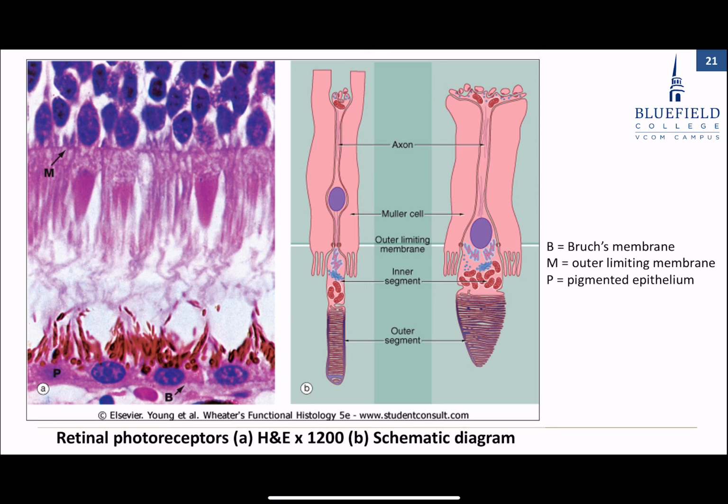In low light, you use your rods. They don't need as much light, and therefore they only function in black and white. Whereas the cones, they see in color, but they require a lot more light in order to function.